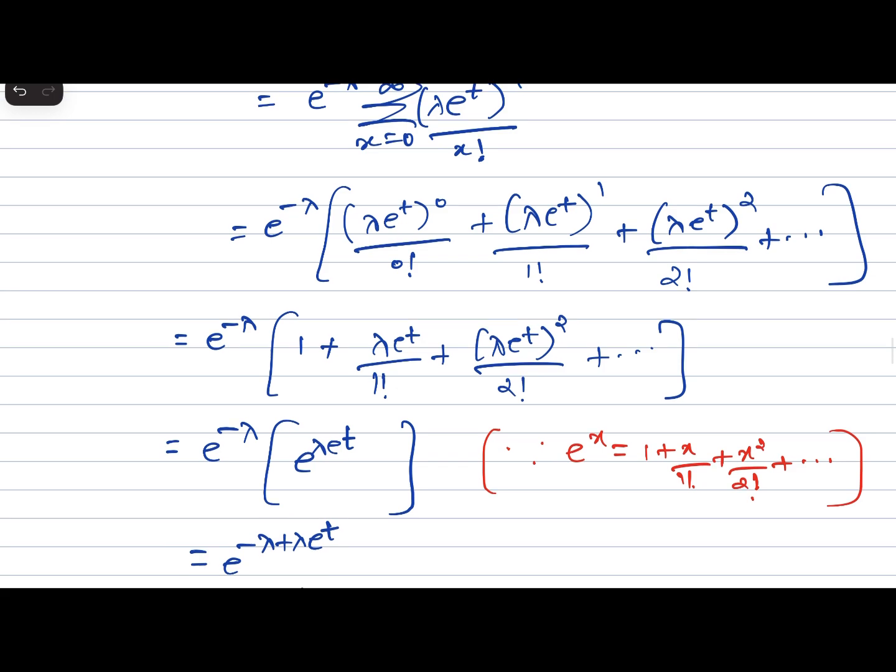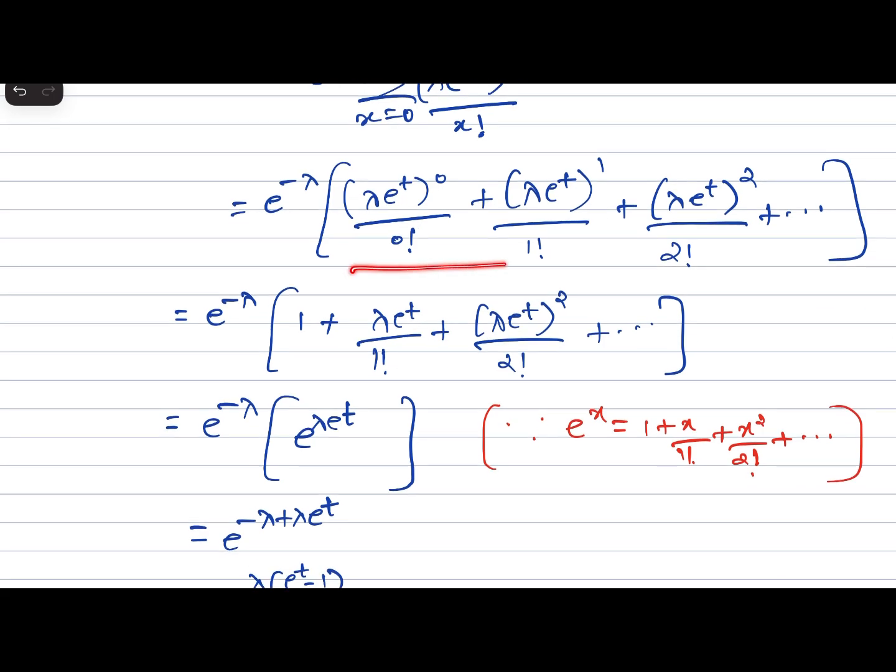So once we expand this, the first term will become 1 because 0 factorial is 1 and anything power 0 is 1. Whereas the second term you have lambda e power t by 1 factorial, third term lambda e power t whole square by 2 factorial, like this.